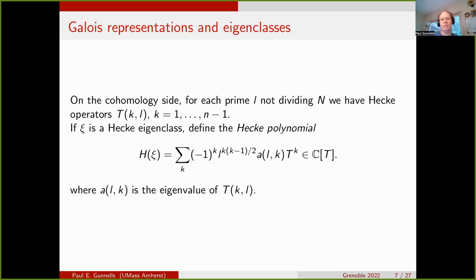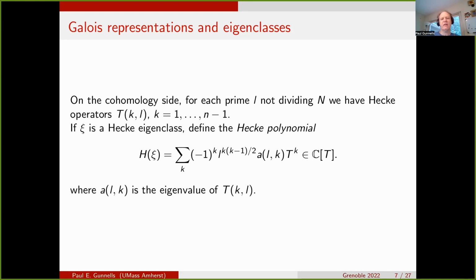Can you be a little more precise about what commutes with each other? Just the matrices for any L, or for one fixed L and any k? Yeah, we choose some prime L, and then we make this polynomial. We want the prime to not be in our finite set. I said not dividing n, but I certainly want the ones away from p as well.